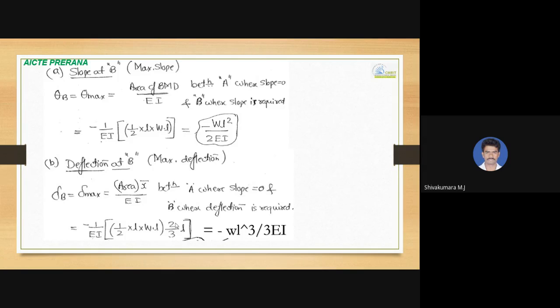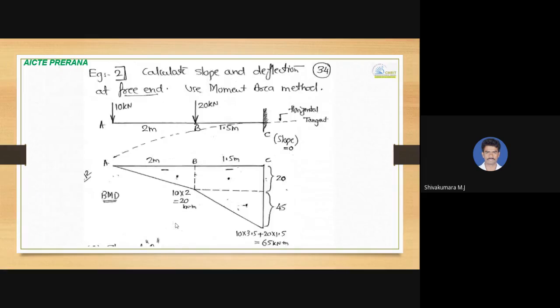Okay, very simple. The same thing you can apply for different load systems also. For a different loading system, the geometry of area may differ. Accordingly, you need to use formulas. Here, two point loads are there.